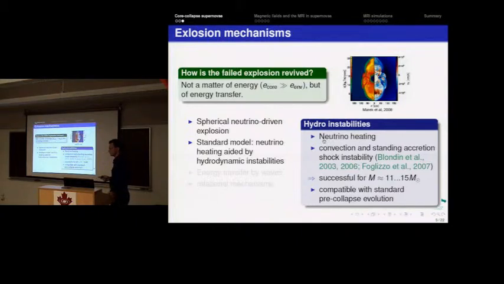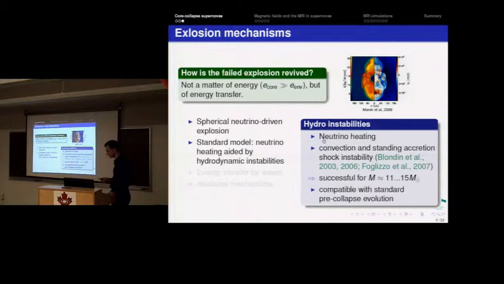It's not clear actually how much neutrino heating leading to convection is actually driving this instability of the shock versus this linear feedback mechanism. There's some debate going on about this, and it may depend in part on how rapidly the neutrino sphere is contracting.